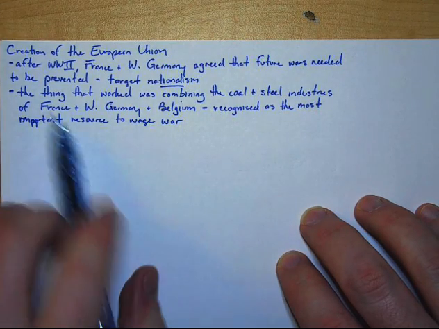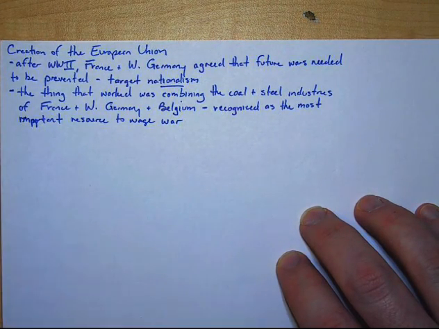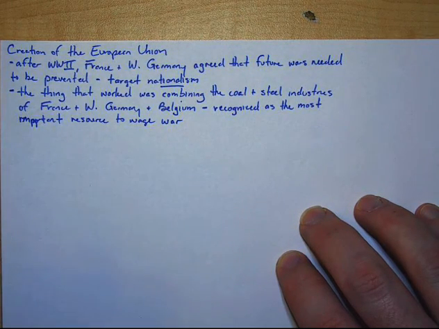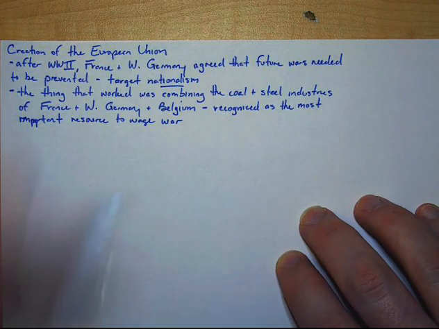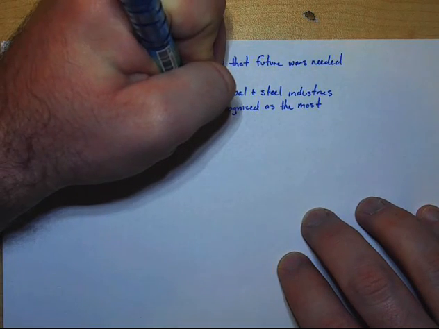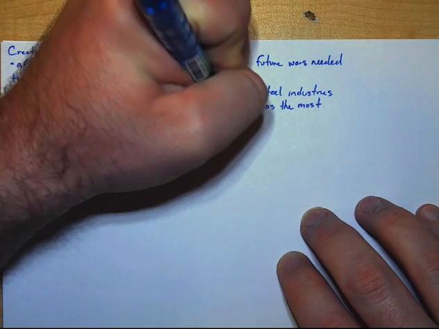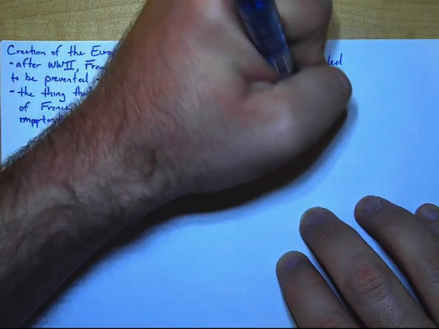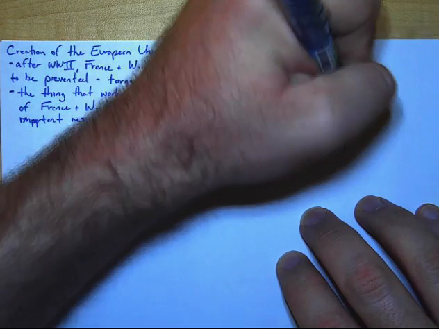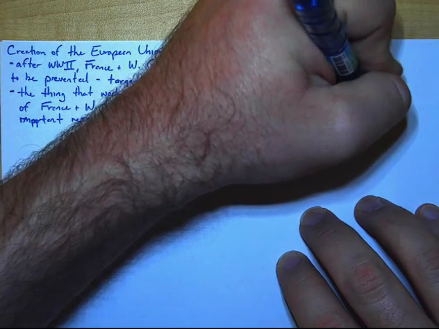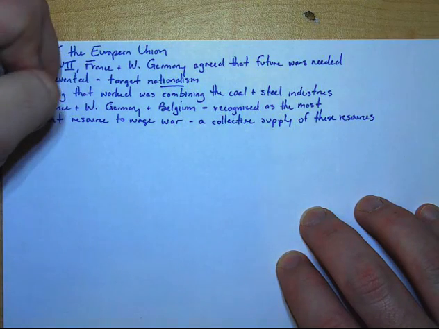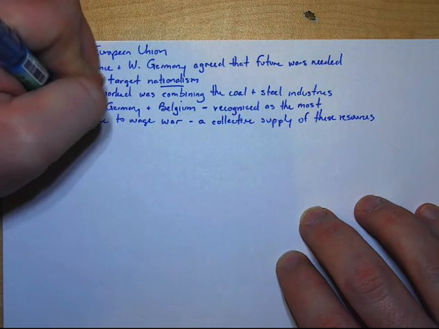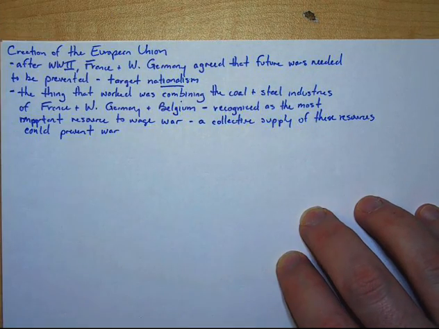And if all three of these countries controlled a collective supply of coal and a collective supply of iron, that would prevent future wars. So a collective supply of these resources could prevent war between France and Germany.